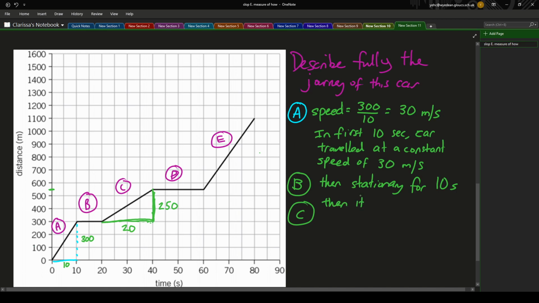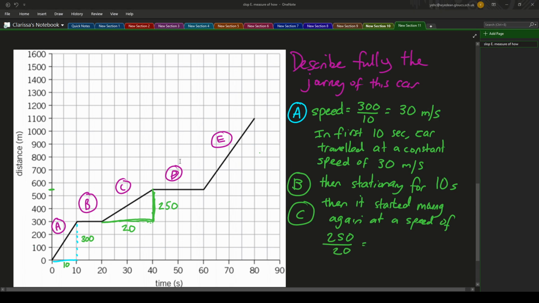Then it started moving again at a speed of 250 divided by 20, which is going to be 12.5 meters per second.